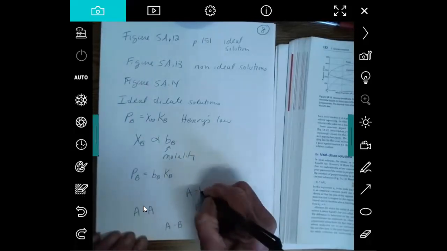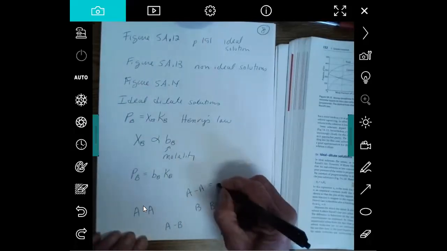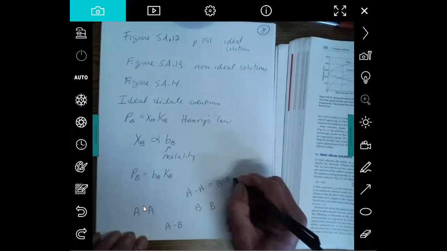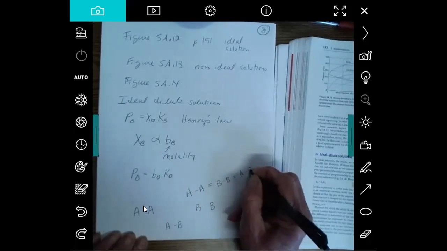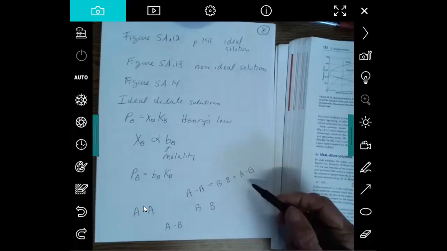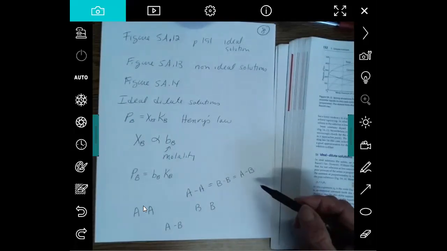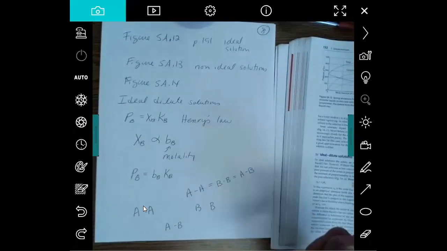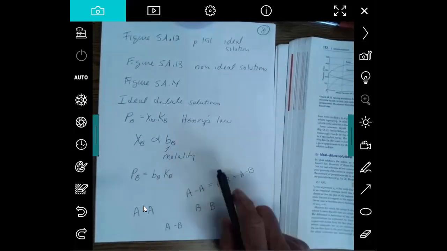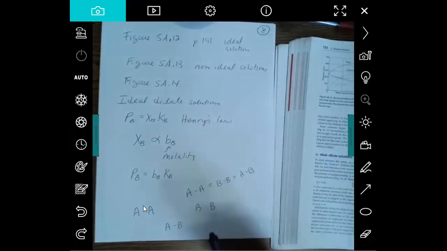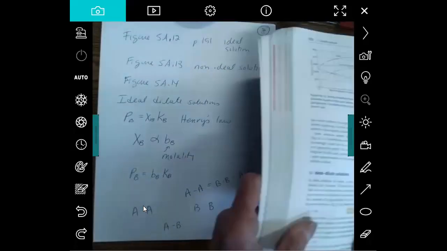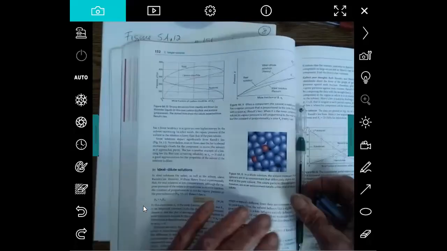So you don't have 0 interactions in the solution when it's ideal, but the interactions are the same as they would be. If you have things that are super similar, they're going to form ideal solutions. If not, you can get either positive or negative deviations.